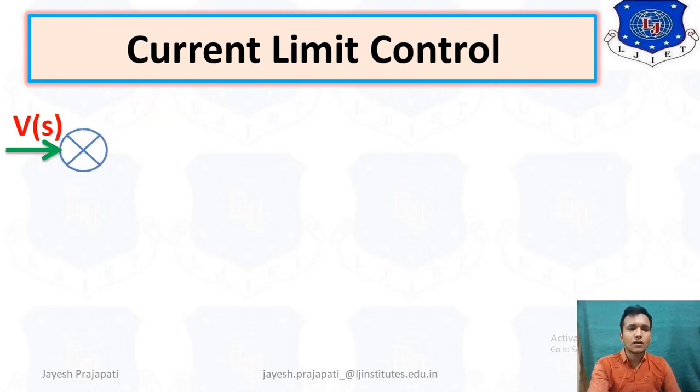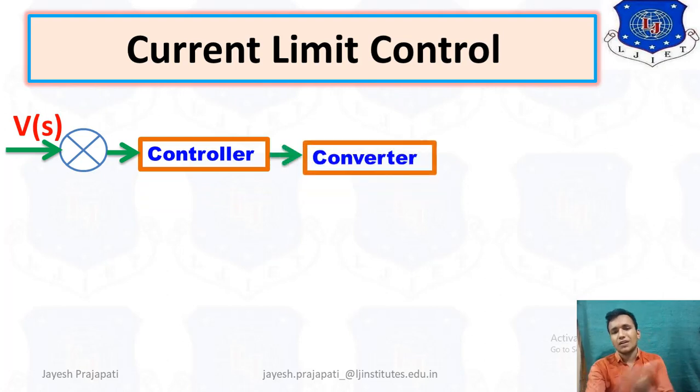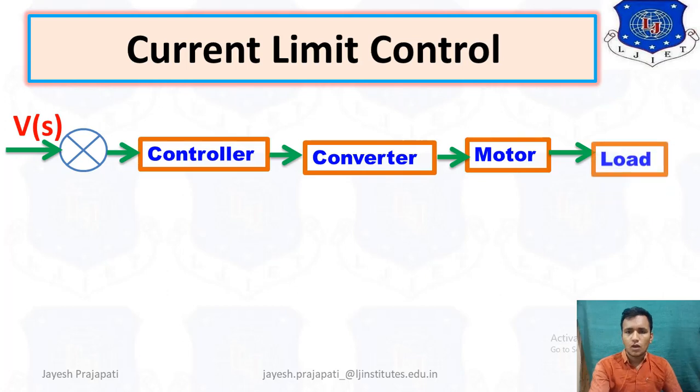Then we take one summing point, then we give this to the controller, our main controller. Then it goes to the converter, any converter: rectifier, inverter, AC to DC converter or AC to AC converter. Then it is given to the motor, then the load.